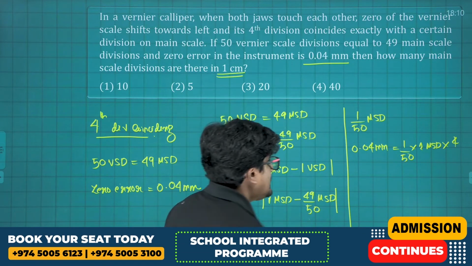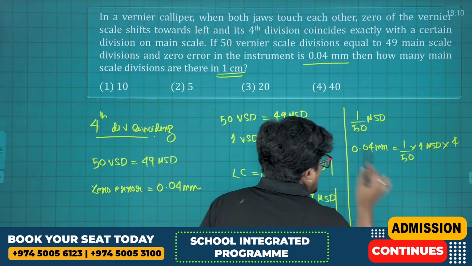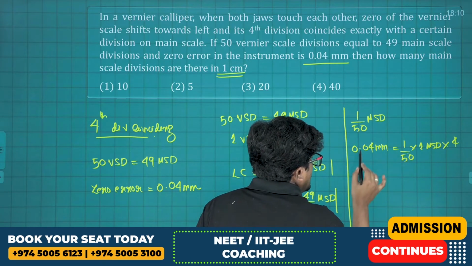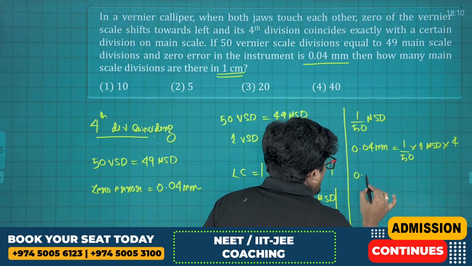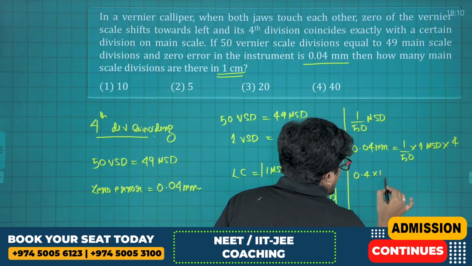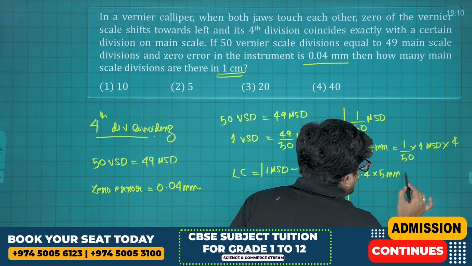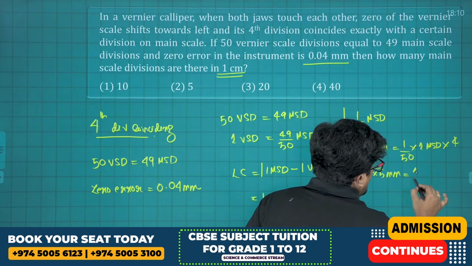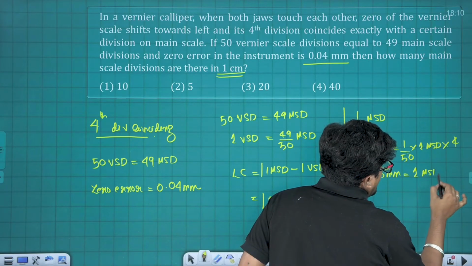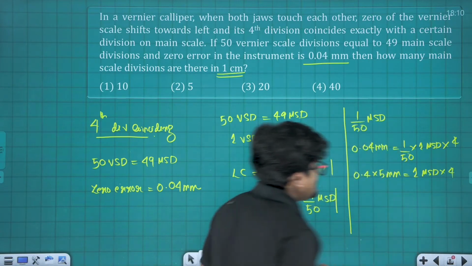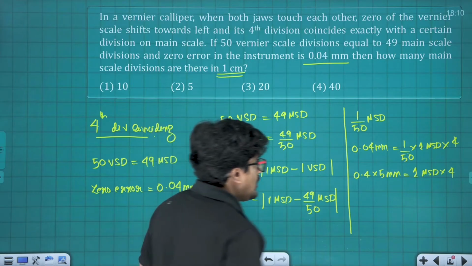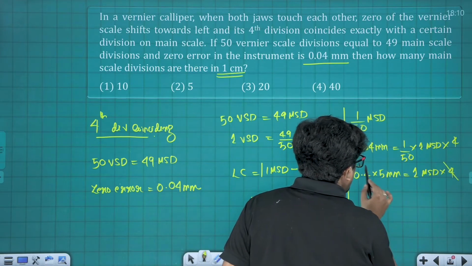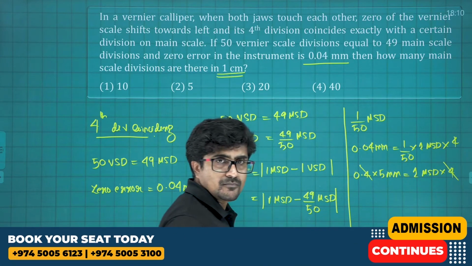Are you getting me? Now rearranging this, if I take this towards the left, it's going to be 0.04 into 50 mm, that is equal to 1 MSD into 4. All right, of course this one and this one will cancel.